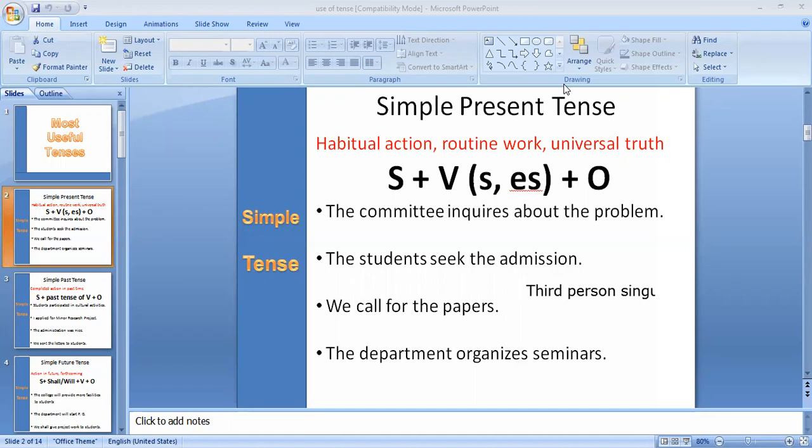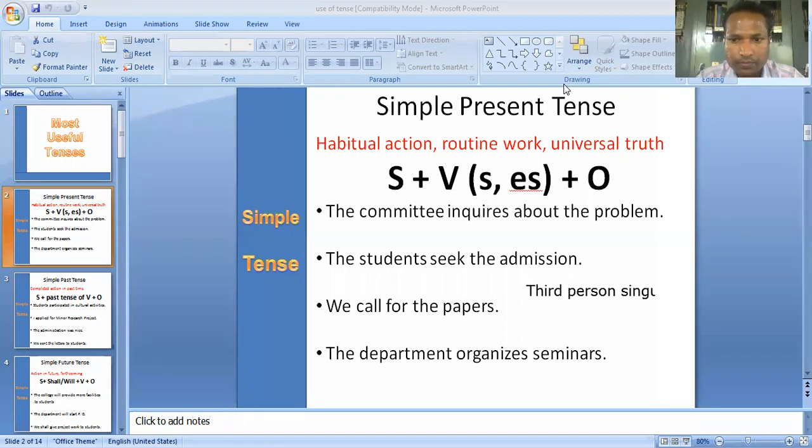Now tell me, we call for the papers. This is the full sentence, and we is the subject. Whether we is third person singular. We means 'we'. Is it singular or plural? Plural. Good. So it is not third person singular. It is plural, so the verb call that comes does not take S/ES. Okay.